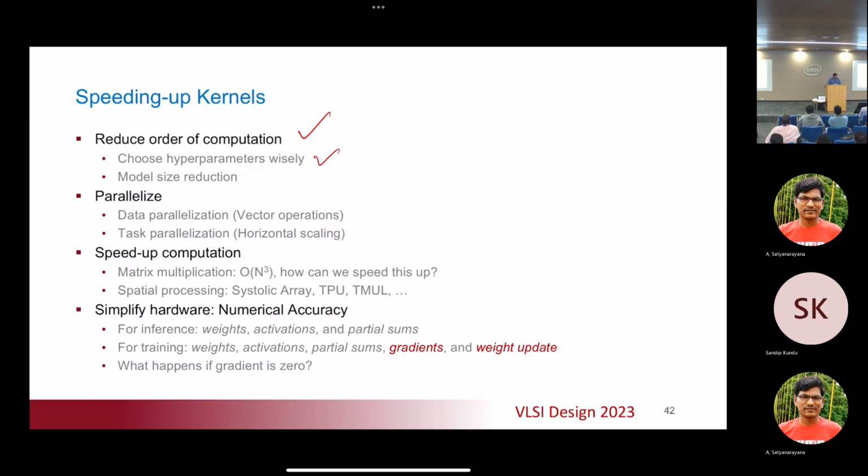Okay, so you do this. You also do parallelization, like I talked about data parallelization, which is vector, and task parallelization, which is horizontal scaling. And in horizontal scaling, this is really the power of the GPU, because a GPU has a very large number of processing elements, and all of those processing elements can compute in parallel.